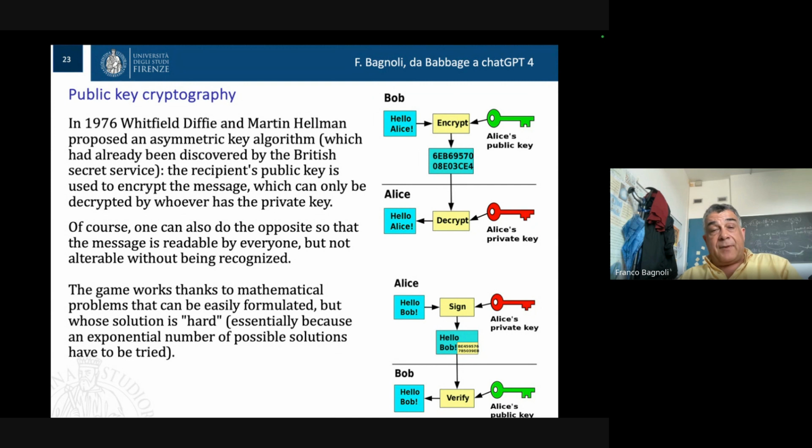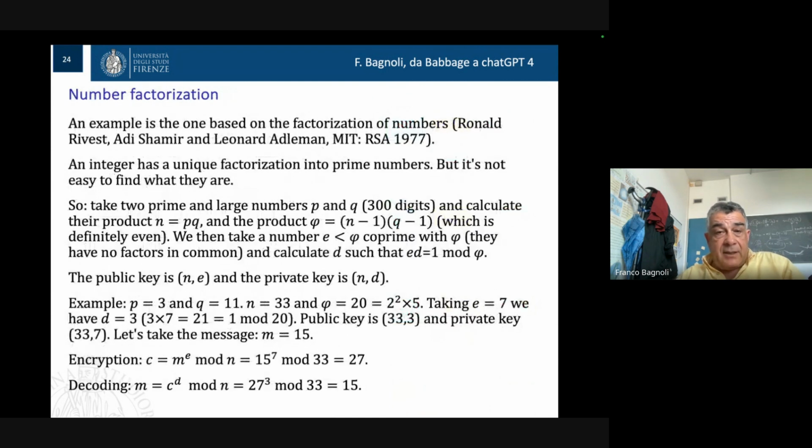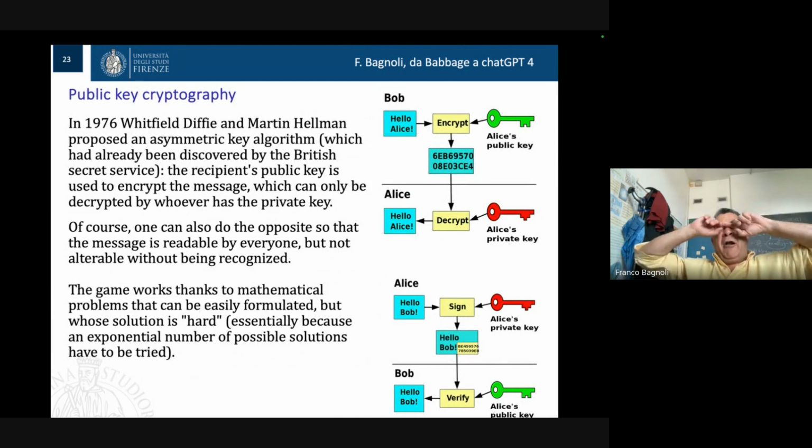The idea, and we shall maybe see in a moment how it works schematically, is that you may have a protocol which is quite hard to break, that allows separating the keys into a private key, which is kept secret, and the public key, which is given to all the world.